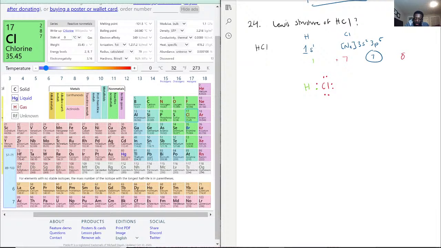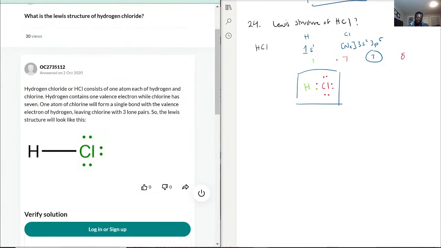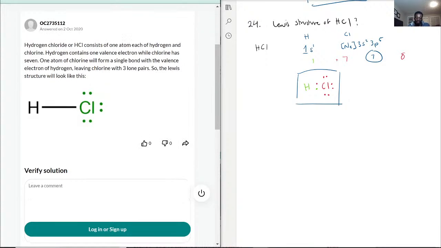And exactly, that's exactly what we have here. So this will be the lowest structure for hydrogen chloride, which by the way is a strong acid. So there we go for question 24. Let's see here. Yep, they just have a bond there instead. Exactly, we have 3 lone pairs like they do.